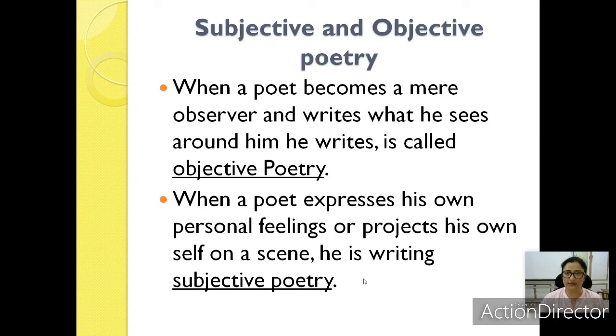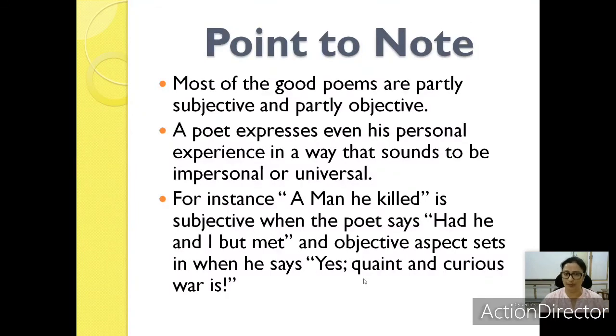So these are the basic differences between the two kinds of poetry. Now, most of the good poems, this is a point you have to note. Most of the good poems are partly subjective and partly objective. A poet expresses even his personal experience in a way that sounds impersonal or universal.